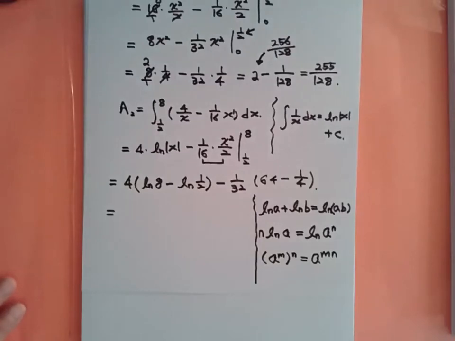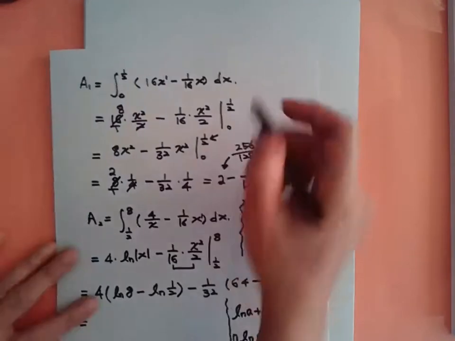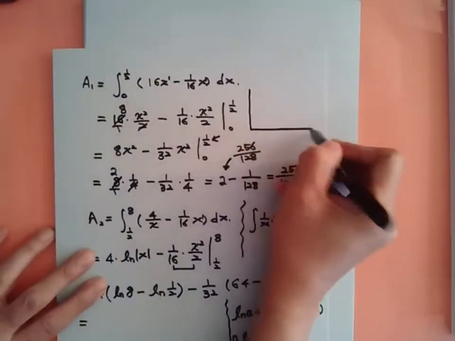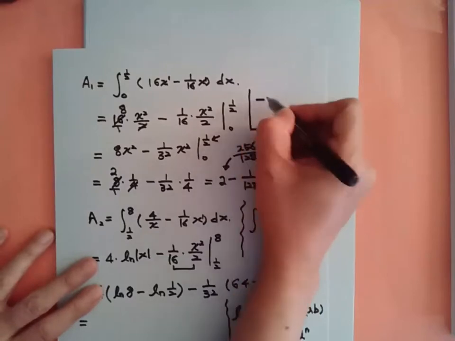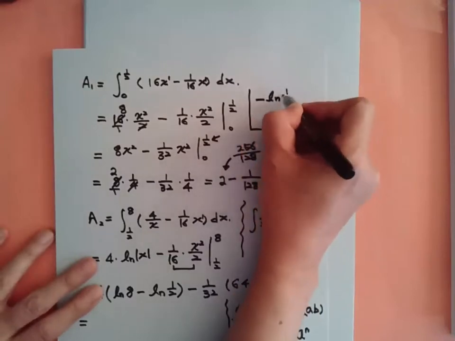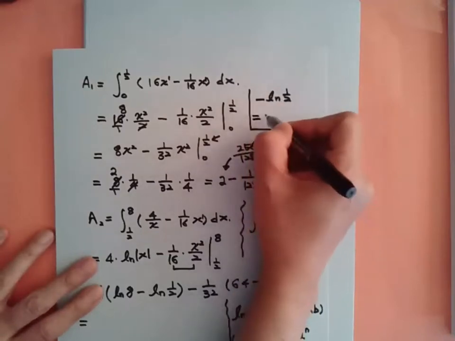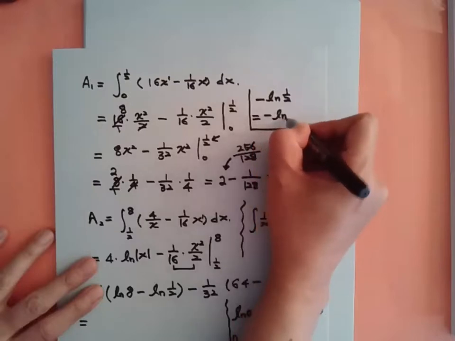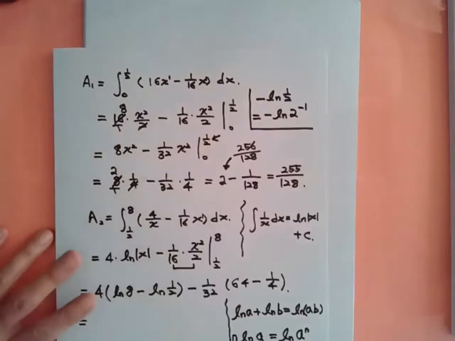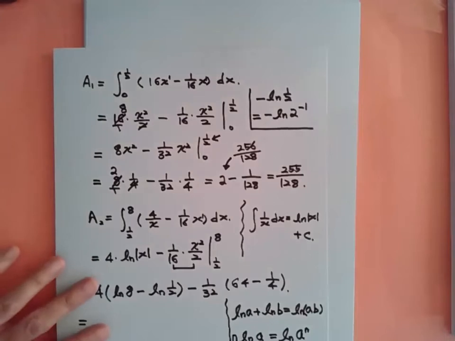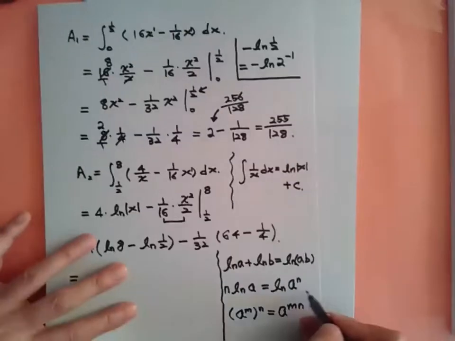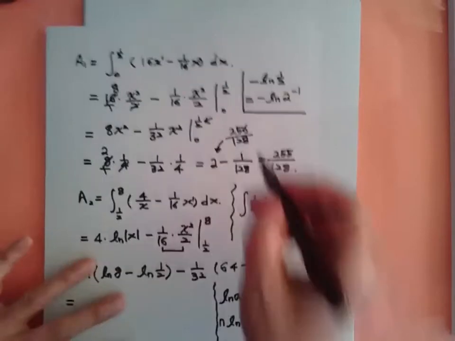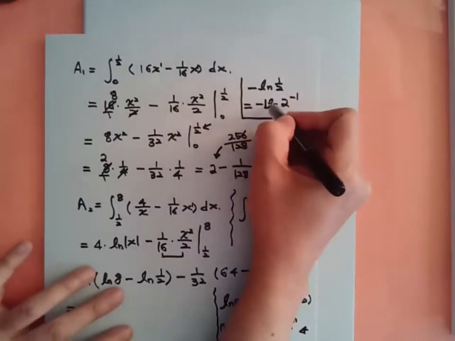So the first thing we want to do in this situation is observe that minus natural log of 1/2 can be written as minus natural log of 2 to the minus 1 power. And then by this logarithmic formula, this minus is minus 1 times this.